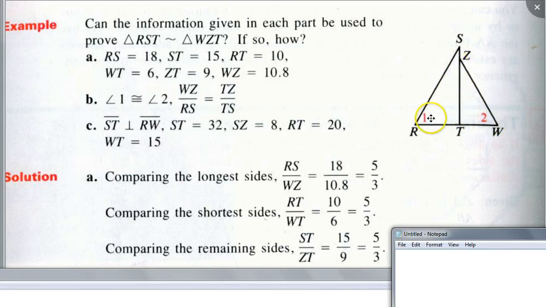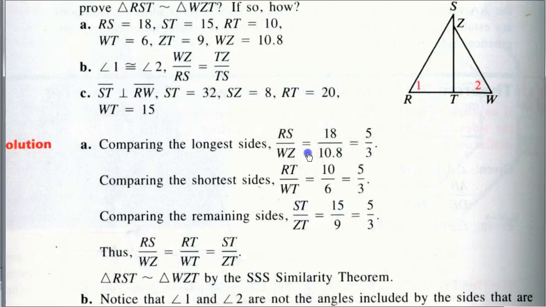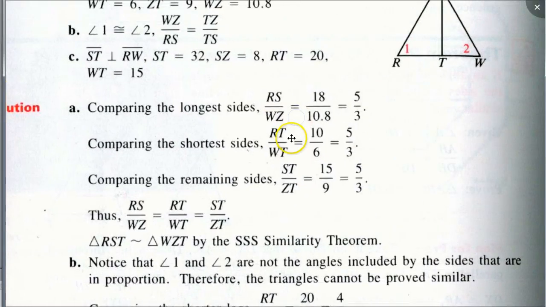Do we need angle 1, 2 or the ones on top? We need the ones on top. Are angle 1 and 2 the included angle? No, so guess what? In B, they're not similar. Does that make sense? You cannot say for sure. Any question?